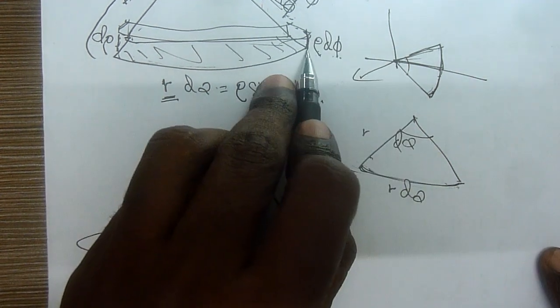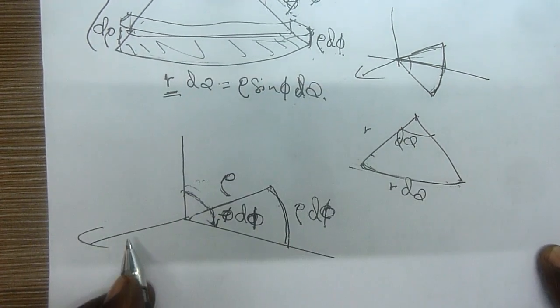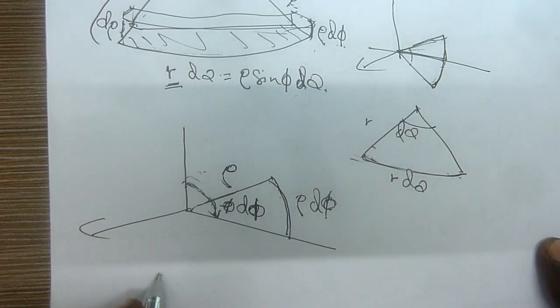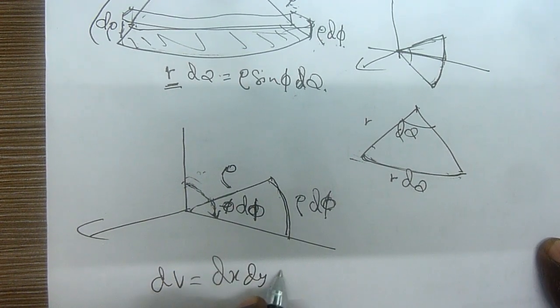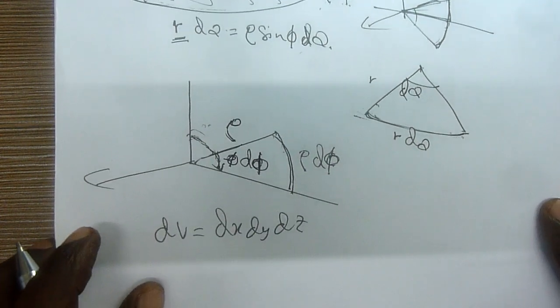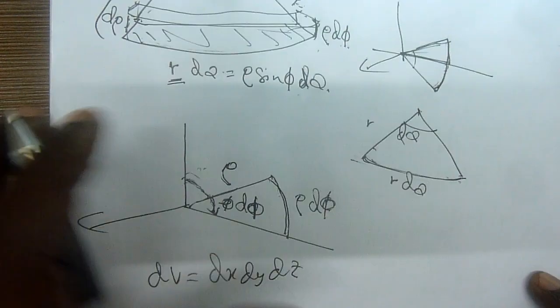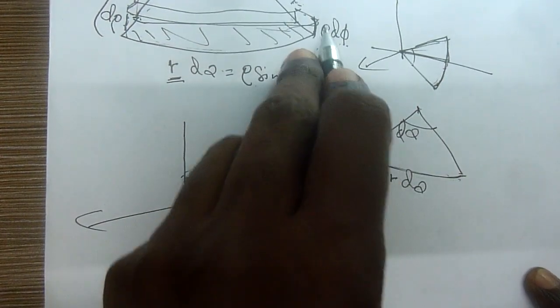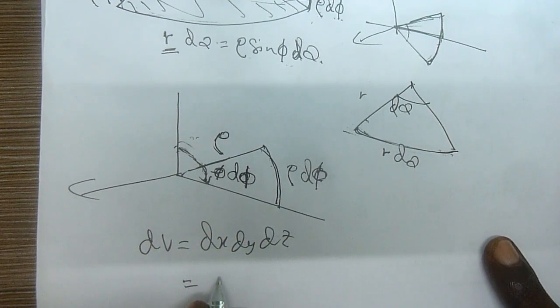With this, now can I combine together what I will get here? The dV is dx dy dz. This is similar to this one here times this. Again r d theta.